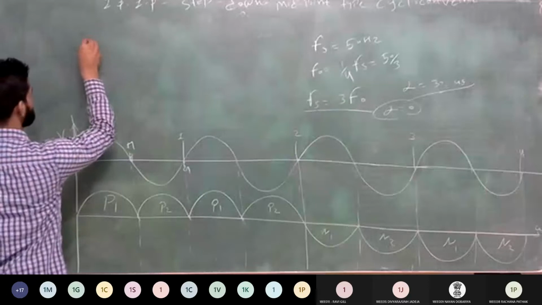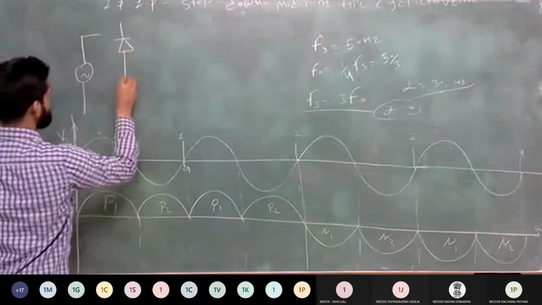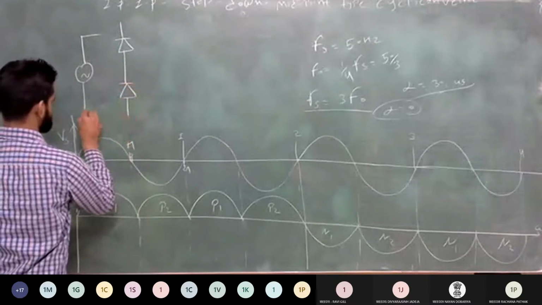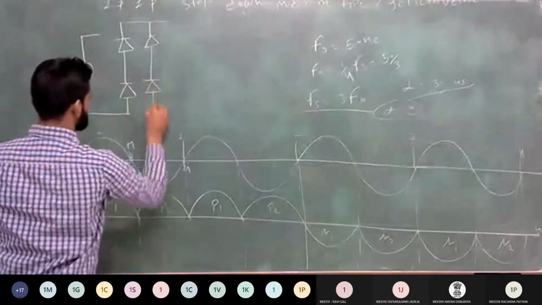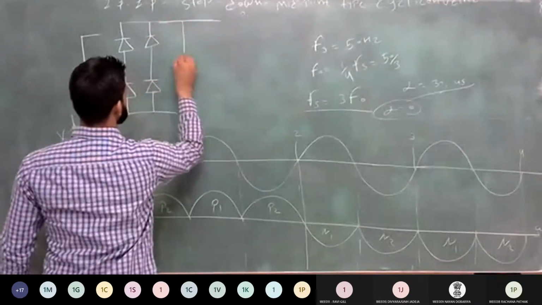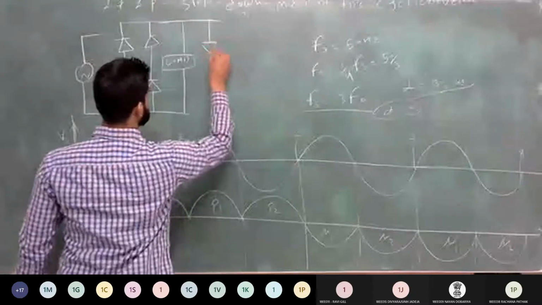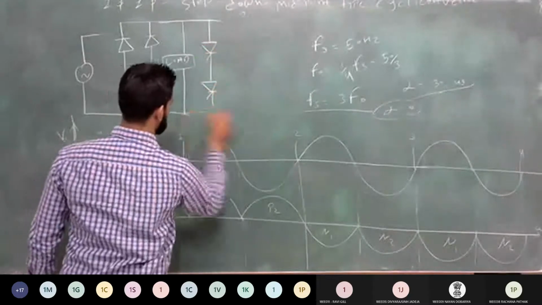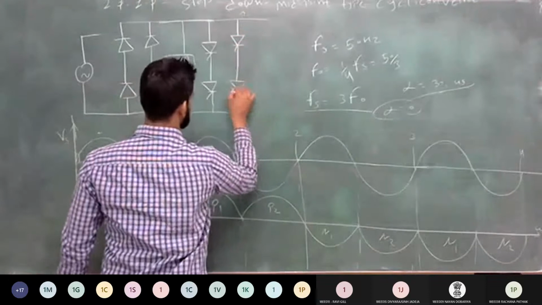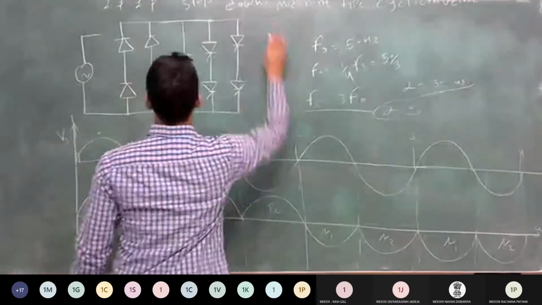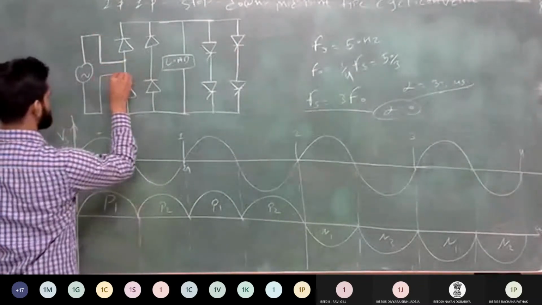Same way, supply. Here we connect the supply positive at the first leg and negative at the second leg.